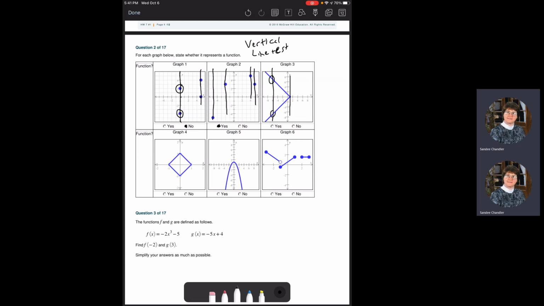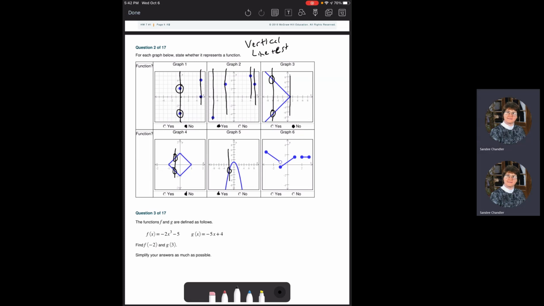We touch 2 places there with a vertical line, so this is not a function. But you can guess graph 4, huh? We can draw a vertical line and touch 2 places, so that's not a function. Graph 5, drawing that vertical line, I only touch 1 place, so yes, that is a function.